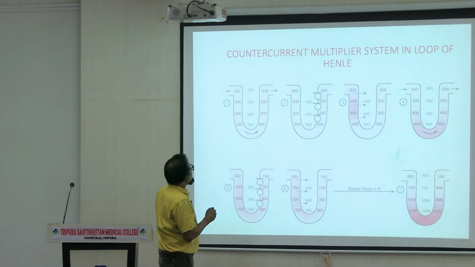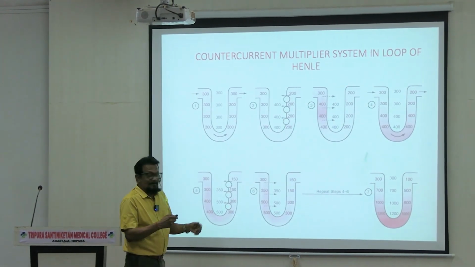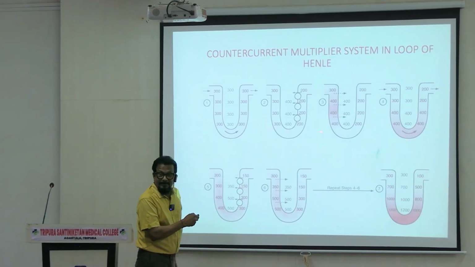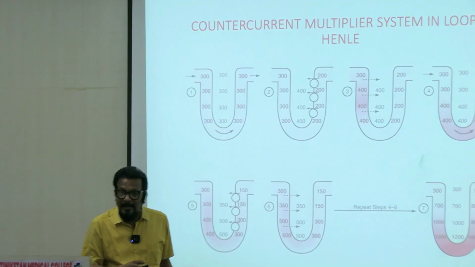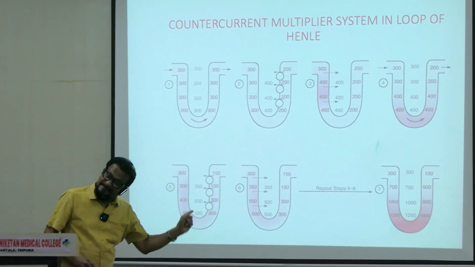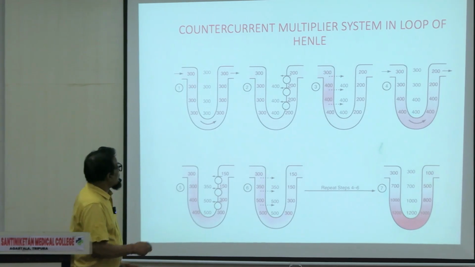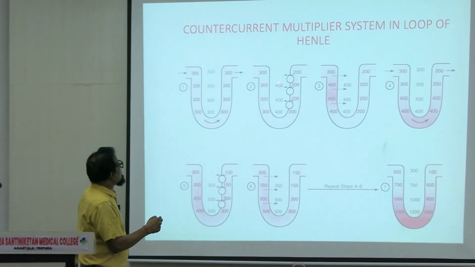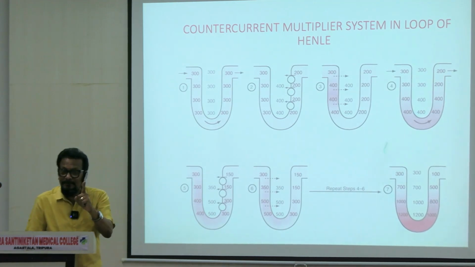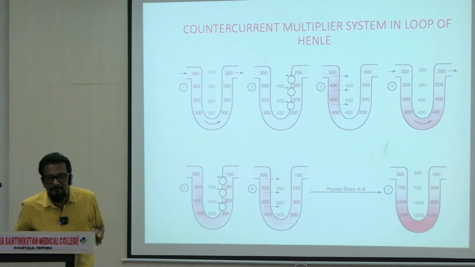It was initially 300, 100 passed out, so this will be 200. Out of this, 100 milliosmol was transferred to the interstitium. The interstitium was previously 300, now it will be getting 100, so it will be 400.